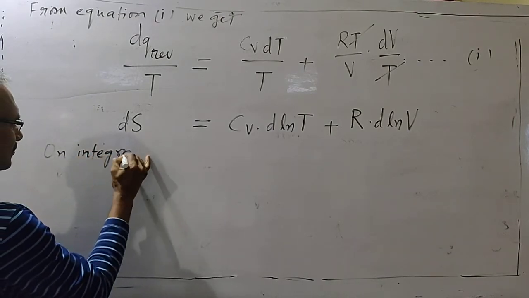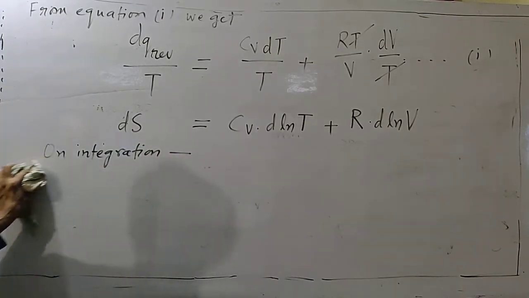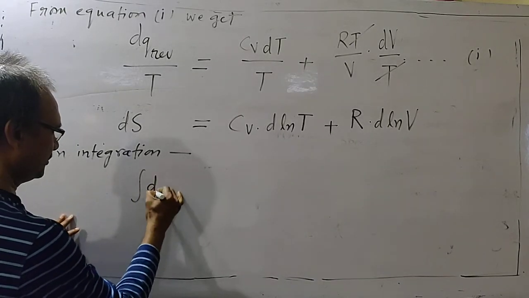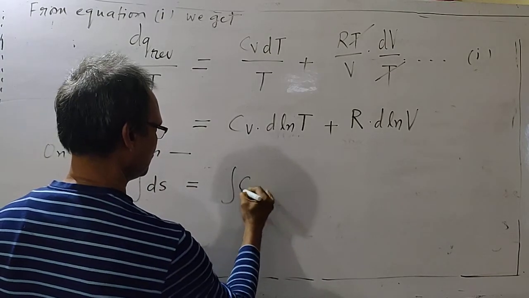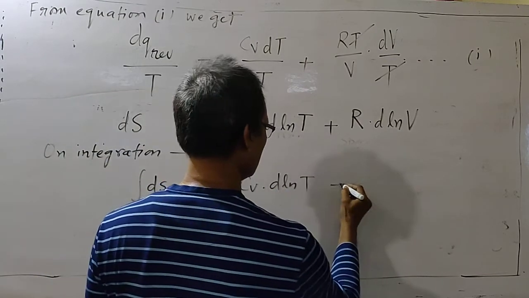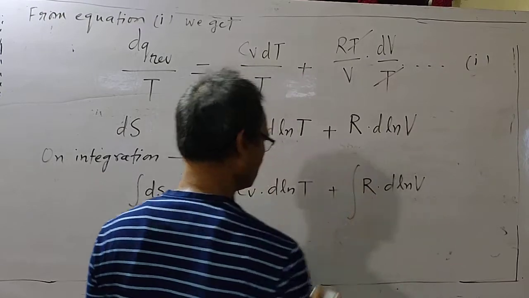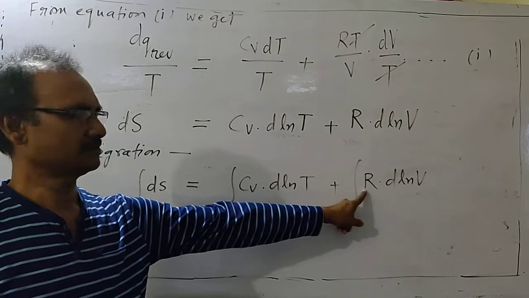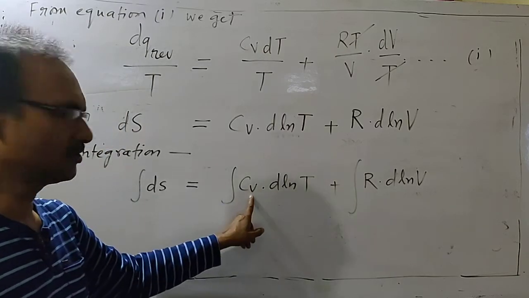On integration, for total change in entropy, integration of dS equals integration of Cv d ln T plus R d ln V. Here R is a gas constant and Cv is also a constant.